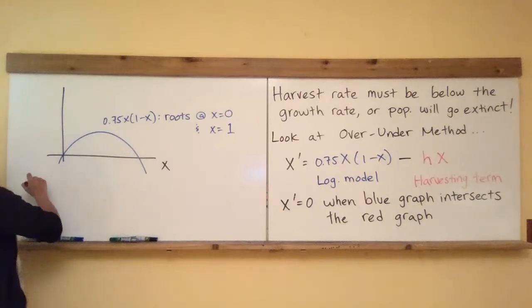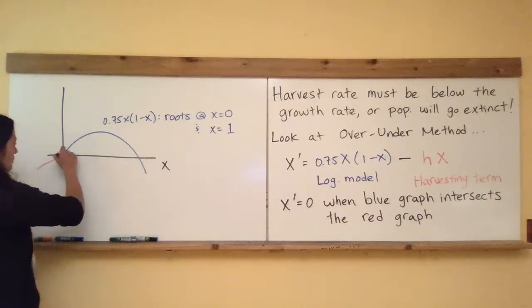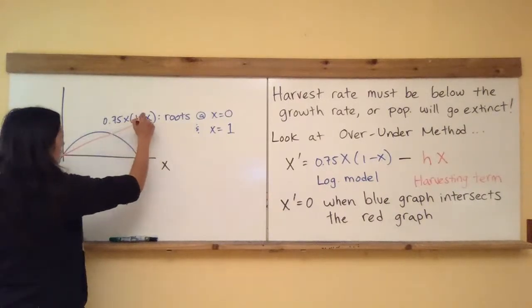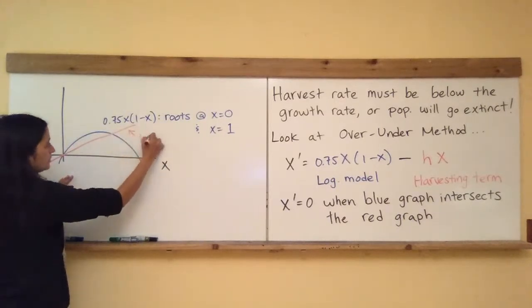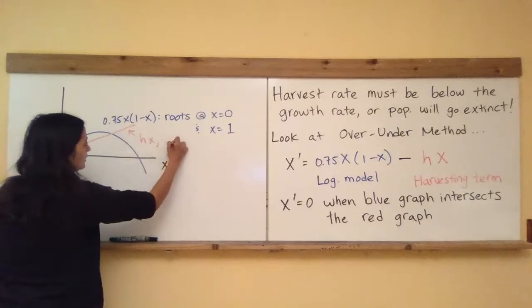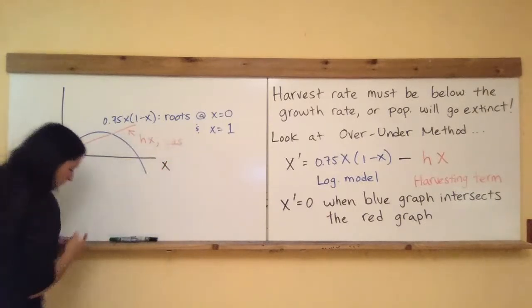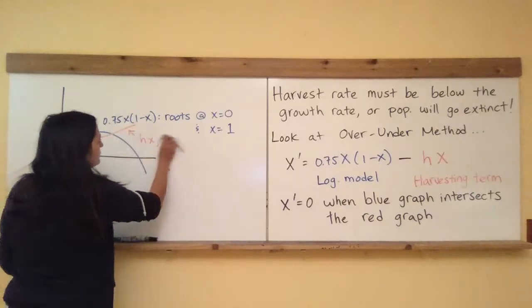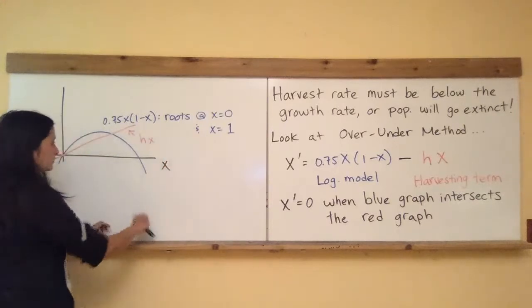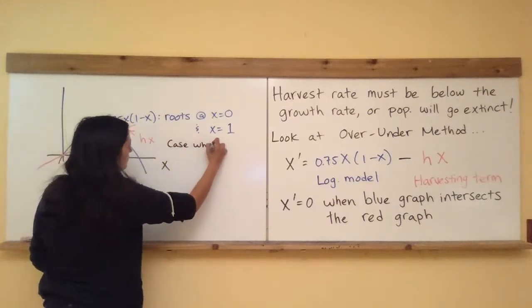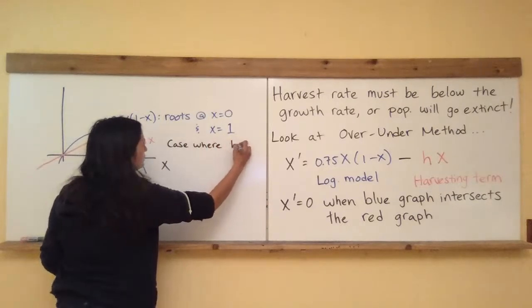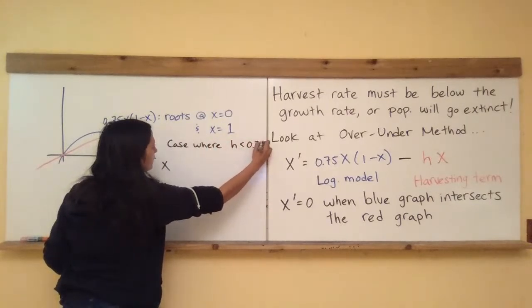Okay, and so here is one case where h is equal to x. This red line here is hx, and this is the case where h is less than 0.75.